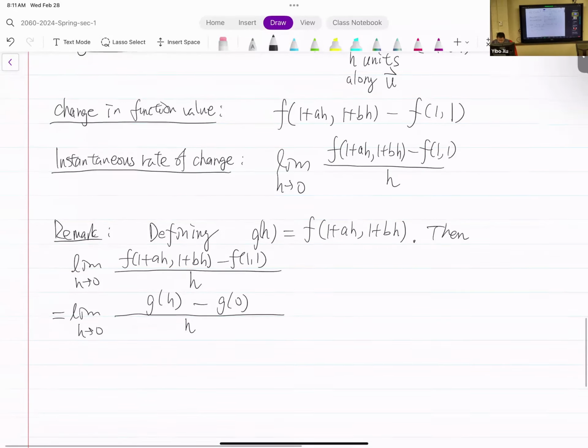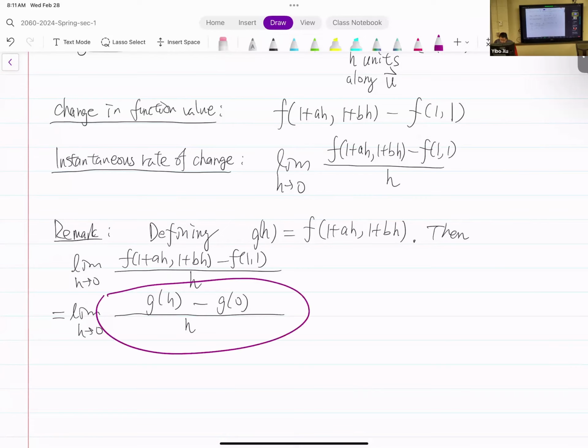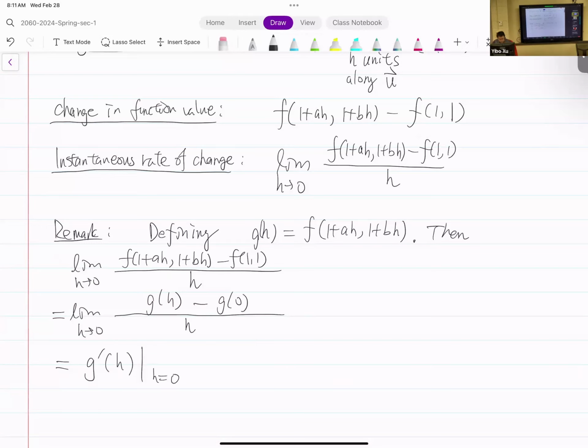And now by definition, this equals g prime, right? There's only one variable here, which is h. So this is the instantaneous rate of change of the function g at the input level h equals 0.